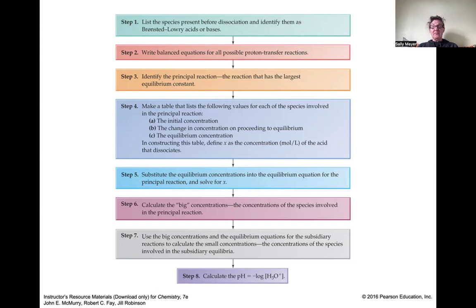I think this will make a lot more sense when we talk about polyprotic acids. Use the big concentrations and the equilibrium equations for the subsidiary reactions to calculate the small concentrations, the concentration of the species involved in those other equilibria, and then finally calculate the pH. So you might find this flow chart useful, but I think as we go through the process, it will just be logical.